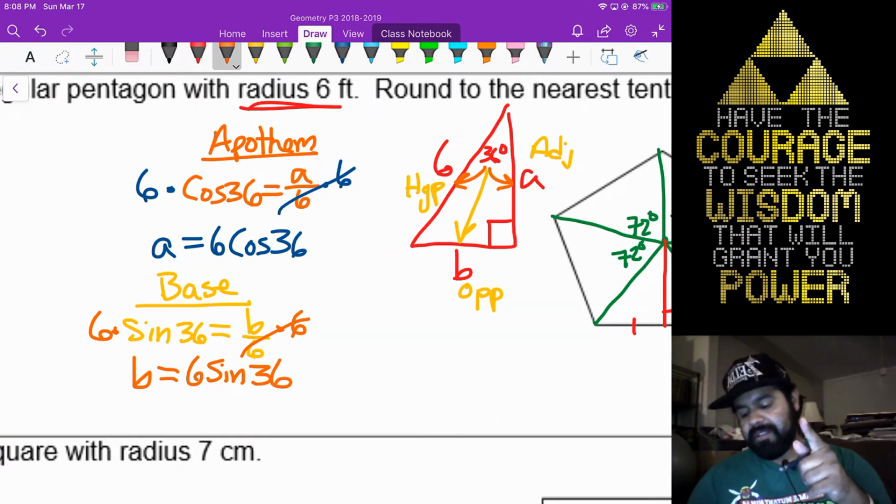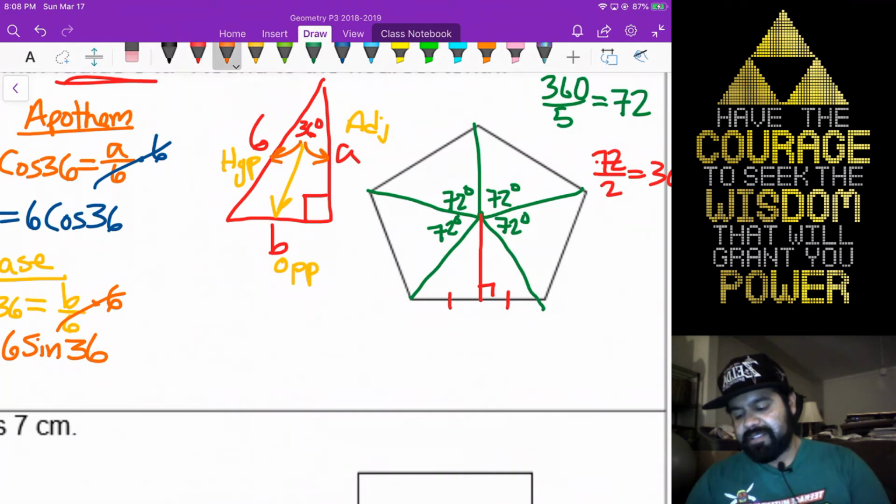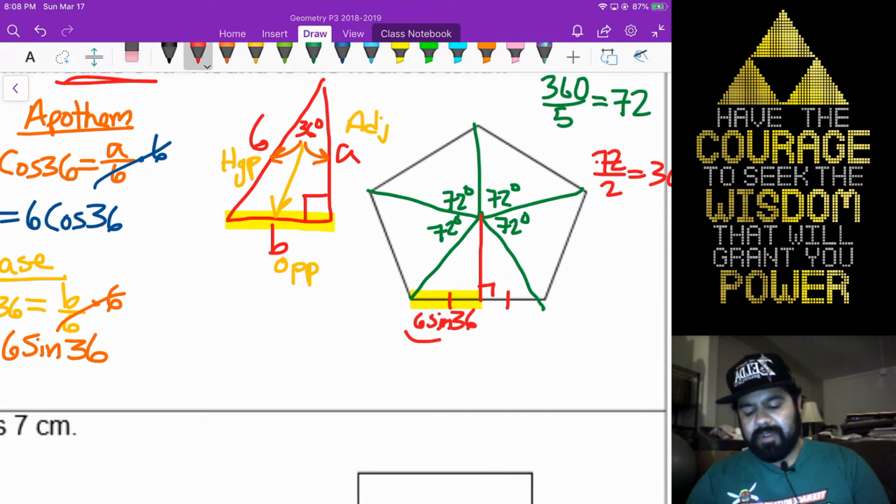Alright, so again, one of the key things here is remember that that base, which is the bottom, is only this length here. Actually, that's not a good one. Let's do this. That length here is only this length here. So if this is 6 sine of 36, then when we double it, we'll get the total side length.